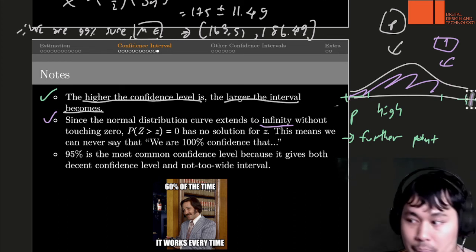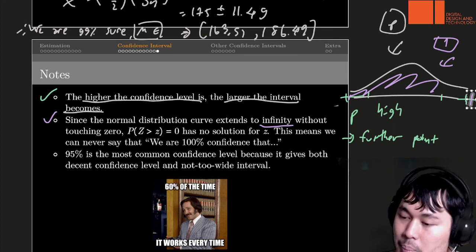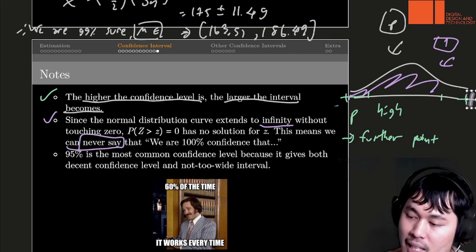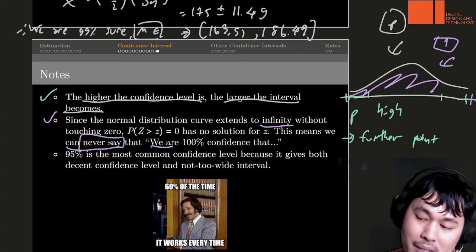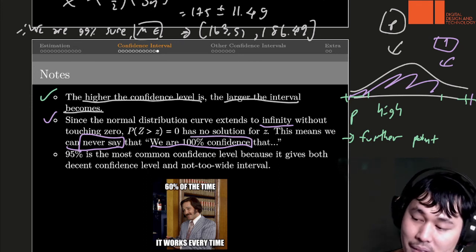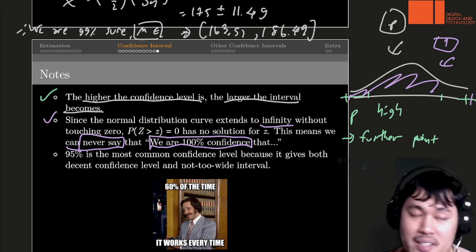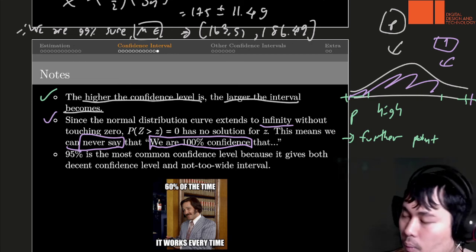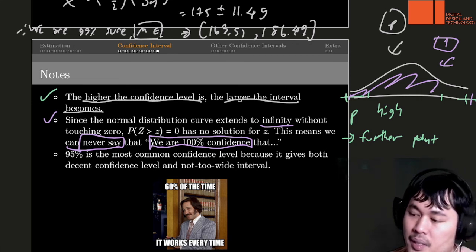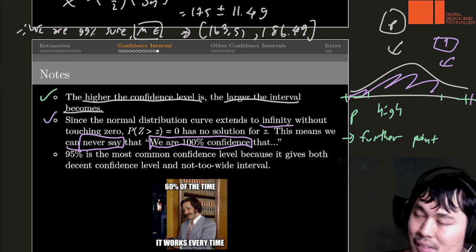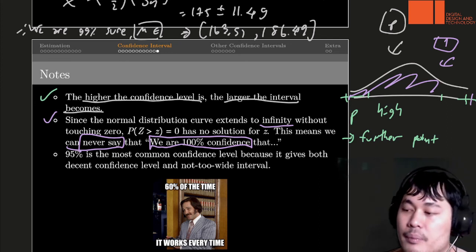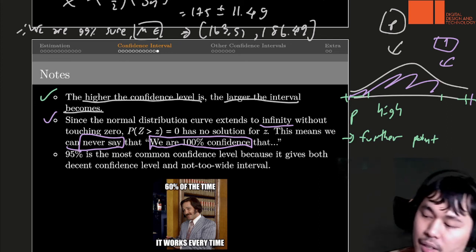That implies we can never say that we are 100% confident that the population mean is within this range, because there's always some chance that we could be wrong, no matter how small that chance is.